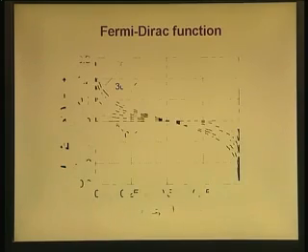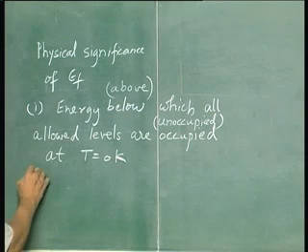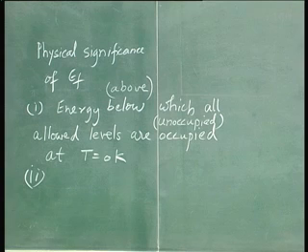So let us look at that function. So this is at t equal to 0. You can see that the function is 0 until you come to EF, and suddenly it changes to 1. Alternately, you can interpret in terms of the behavior for t greater than 0.